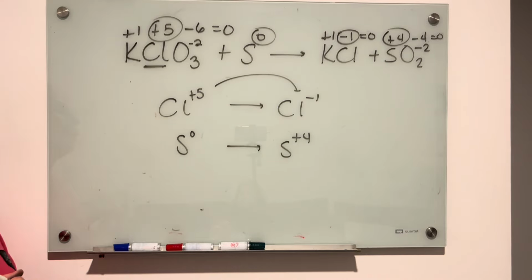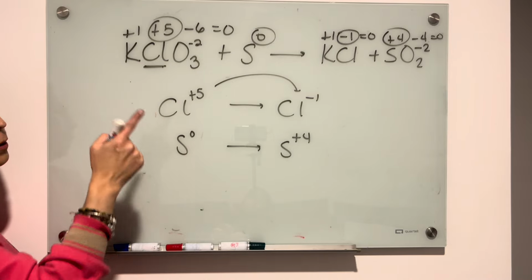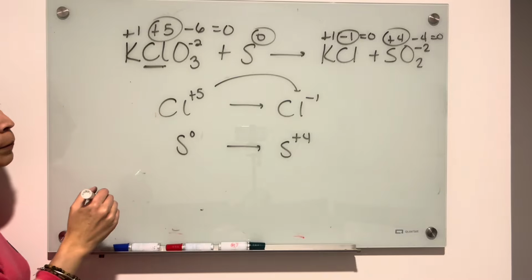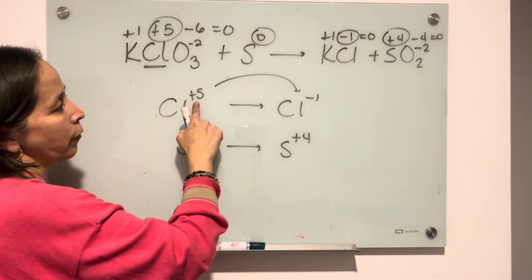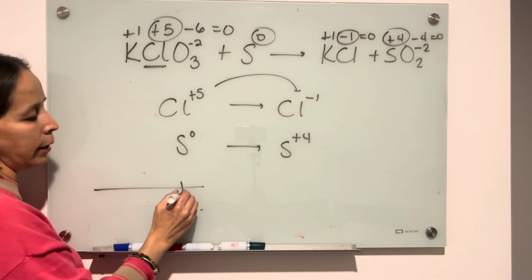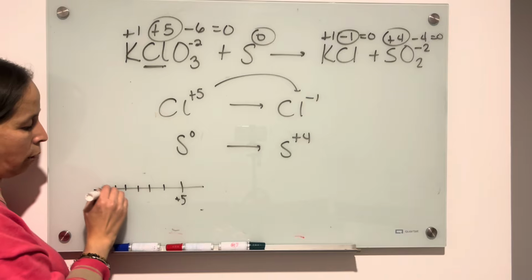Well, and now to identify how many electrons each element gains or loses, we have here +5 to -1. We can see it in the numerical line. We have here +5, 4, 3, 2, 1, 0, and -1.